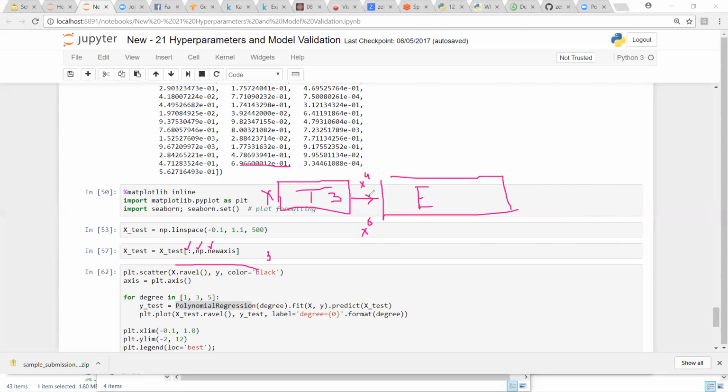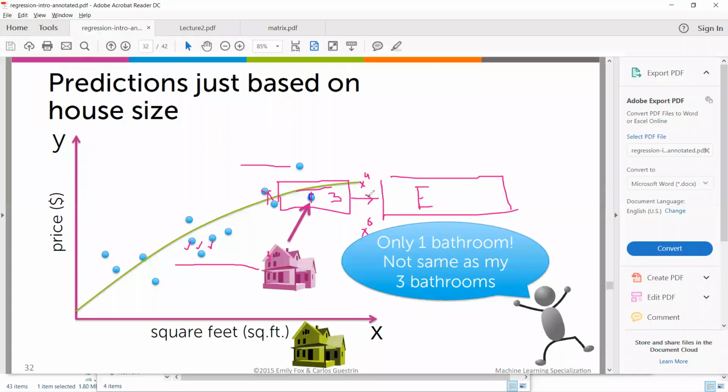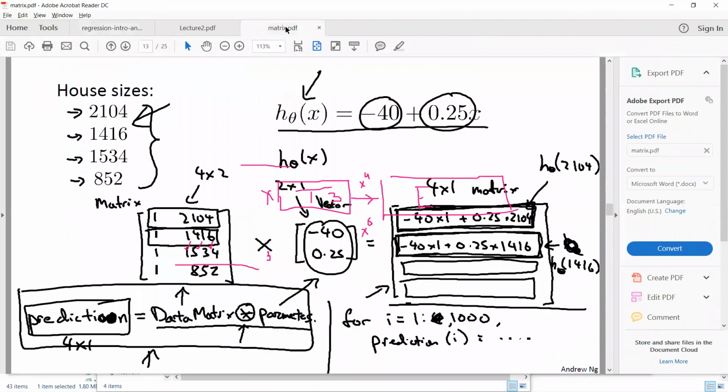Now remember the previous diagram that I was showing you. See this diagram. I was telling you that as the degree increases, you'll have more columns of data here like this. For degree 3 you will have two more columns, for degree 5 you have 2 more columns.